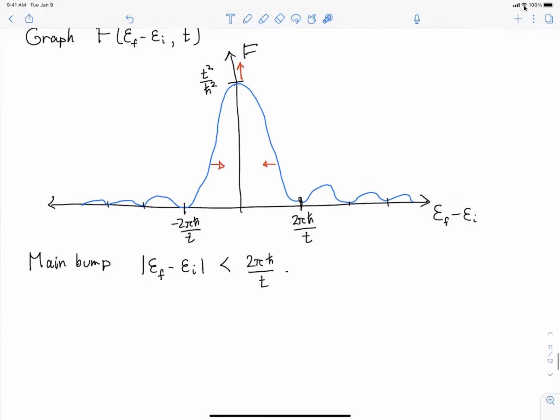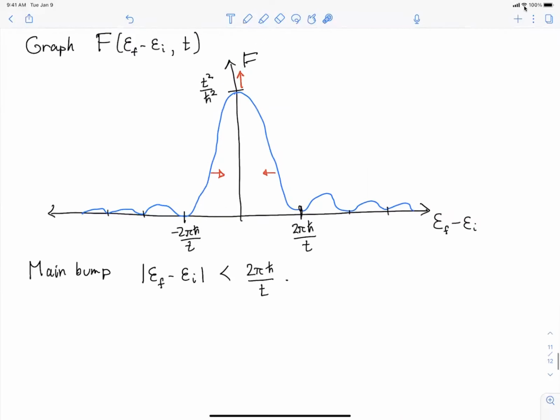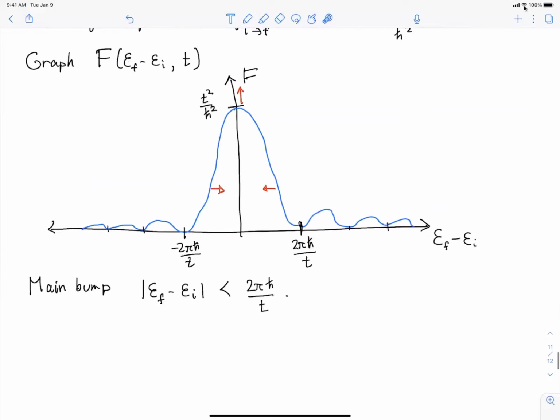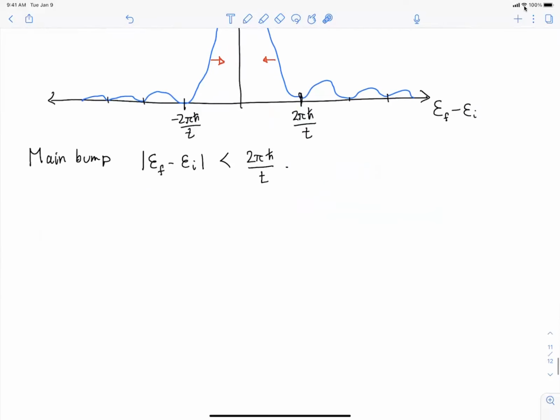Okay, so we've got this main bump that's growing, and the reason it's useful to keep that in mind is because as time gets very large, this bump is getting more and more like a delta function. And that can be important if my states are not discrete, but continuous.